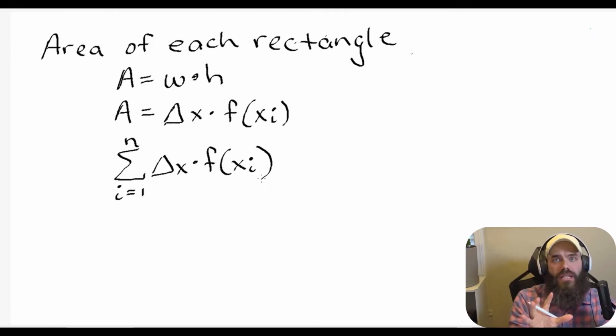So what this notation means is we're going to take the sum of each of those areas of those rectangles between 1, i, the index being 1, all the way to n. So if I wanted to use 2 rectangles like you saw in the picture a second ago, my n value would be 2. If I wanted to use 4 rectangles, my n would be 4, and so on. But we want to keep it in general, and we just want to keep it as n right now.